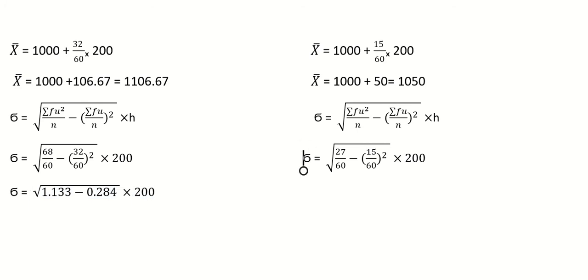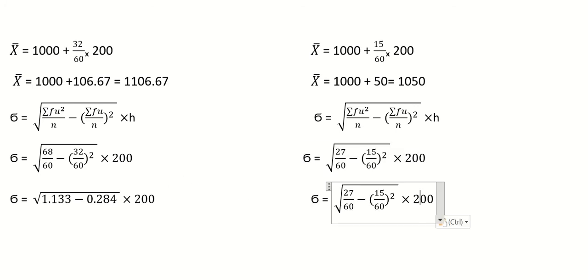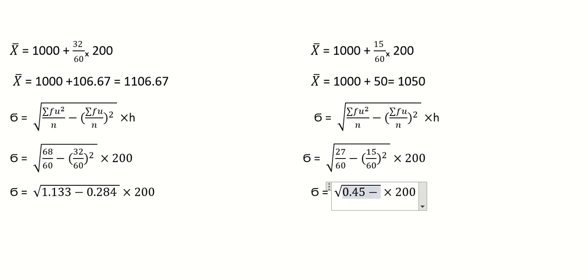Similarly, we will solve for company B. So 27 upon 60 is 0.45. 0.45 minus 15 upon 60's whole square is 0.0625, into 200. So here now we will solve it.